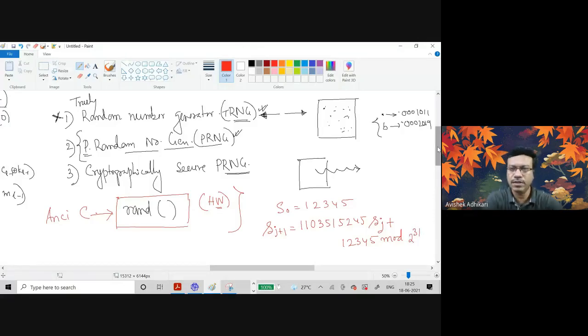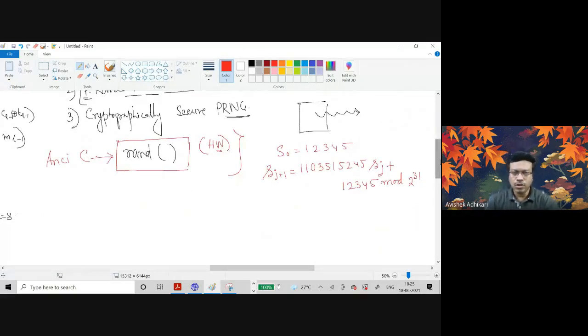Okay, what does it mean and how does it work? Start with S0, then what is S1? S1 = (1103515245 * S0 + 12345) modulo 2 to the power 31. So you now have S1. What is S2? S2 is whatever the value comes out to be.